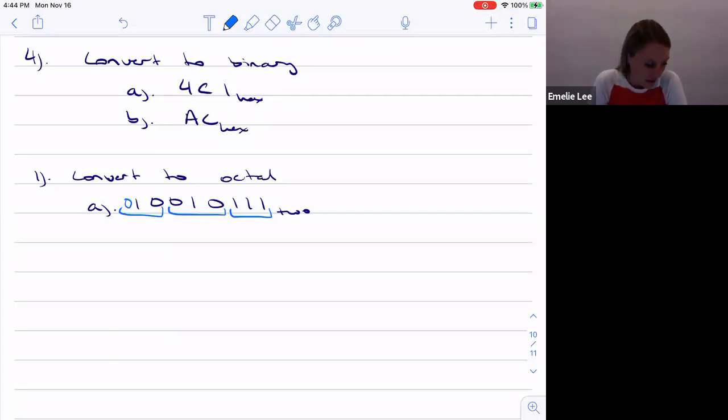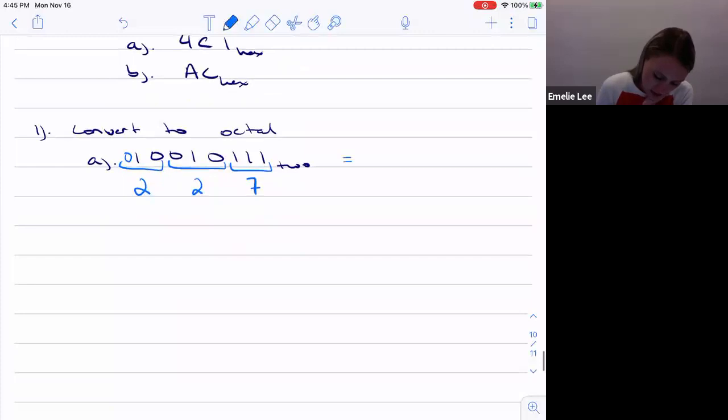Then I can refer to the table we made, where 111 I remember is 7, because that's the largest number I can have in base 8. 0, 1, 0: 1 times 2 to the power of 1 puts me at 2. 0, 1, 0 is 2 again. So we get 2, 2, 7, base 8 or oct.